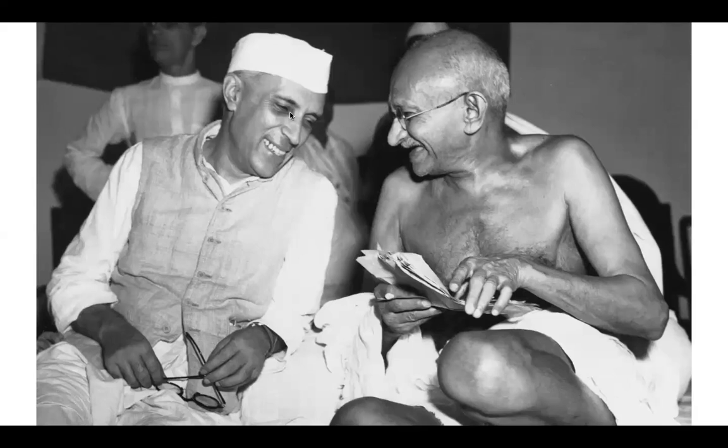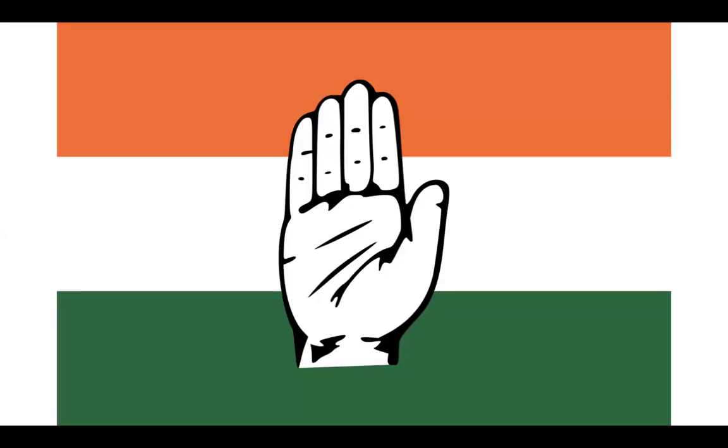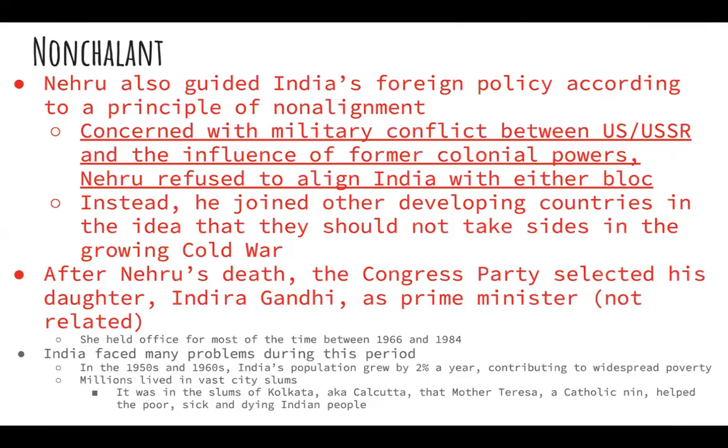That's Nehru on the left. That's obviously Gandhi on the right. That's the Indian National Congress flag, symbol, insignia. All right, so, non alignment. Nehru also guided India's foreign policy according to a principle of non alignment. You need to know it.